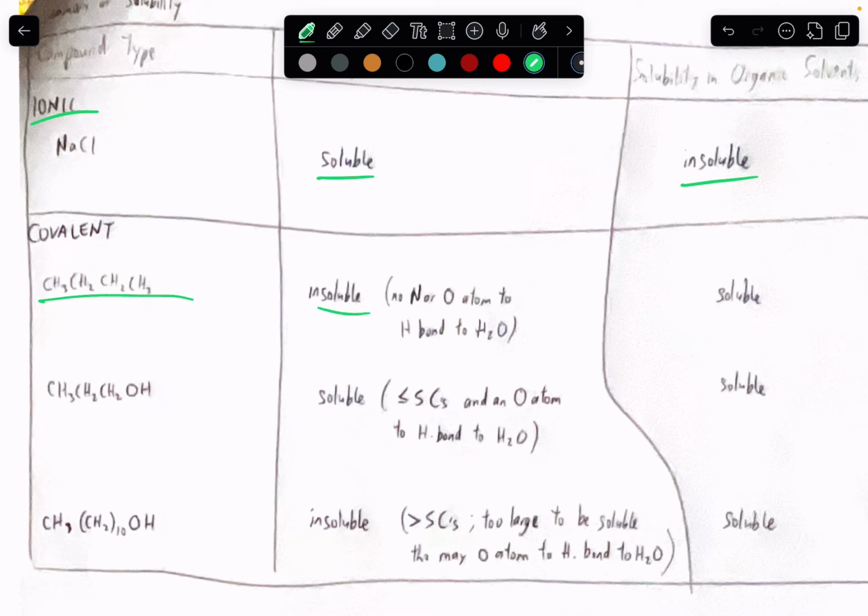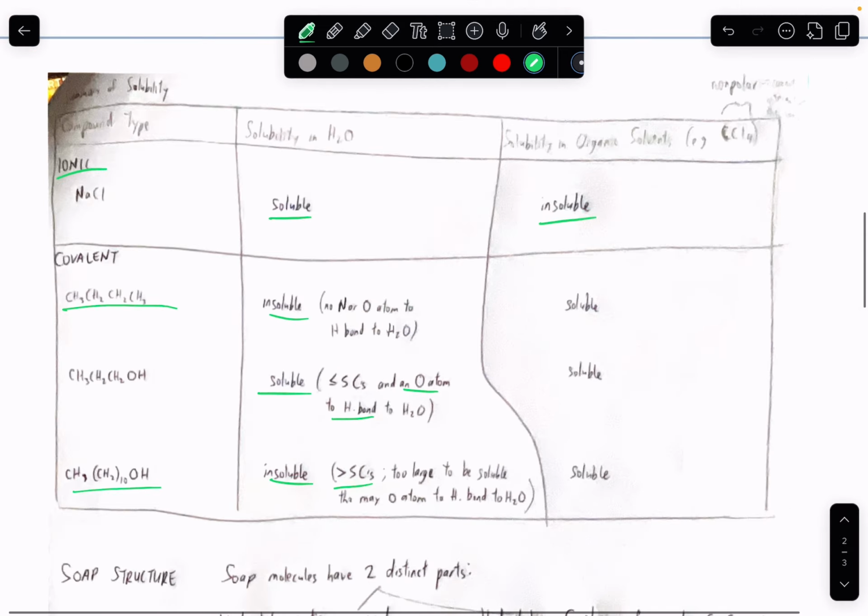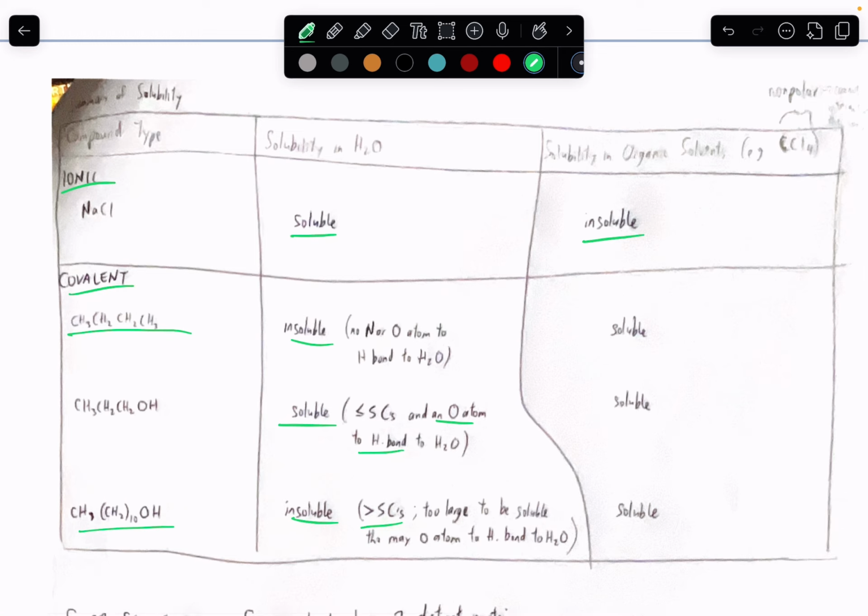Kapag naman merong O atom, or let's say N atom or F atom, pwede mag-hydrogen bond basically. And it is less than or equal to 5 carbons, yung compound natin, then it's soluble. Kapag naman sumobra, tulad ng cholesterol, it is insoluble. Because again, it's too large. The number of carbon atoms are too much. But yes, kapag covalent, it's standard na kapag you mix the covalent compound in organic solvent, it's the same thing that would happen. It's soluble in all cases.